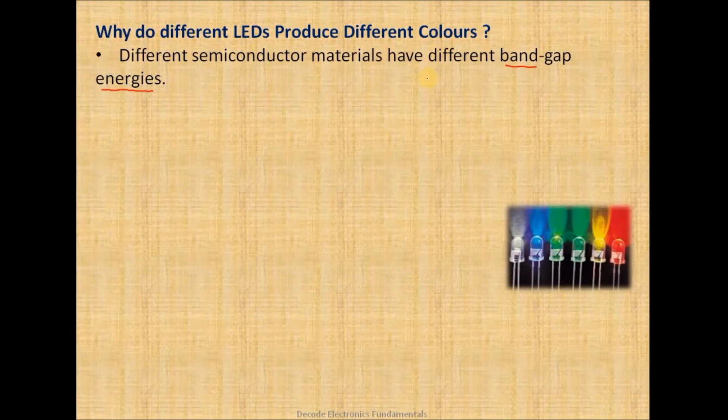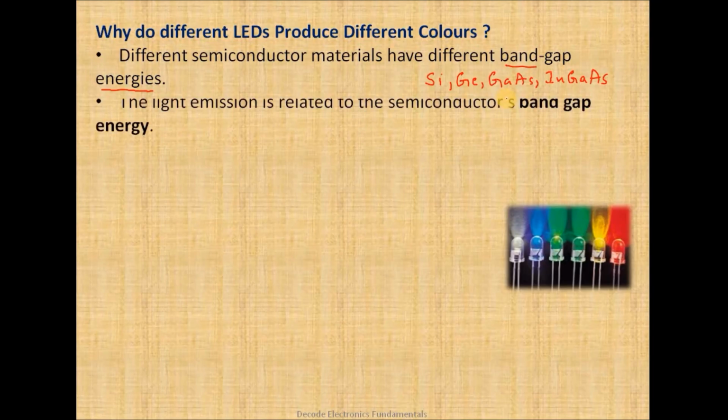For example, if we consider silicon, germanium, gallium arsenide or indium gallium arsenide, the band gap of all these four semiconductors will not be the same. They will be different. Light emission is always related to a semiconductor's band gap energy.